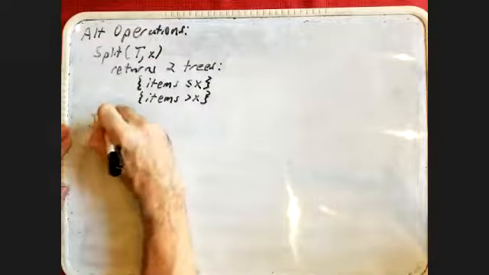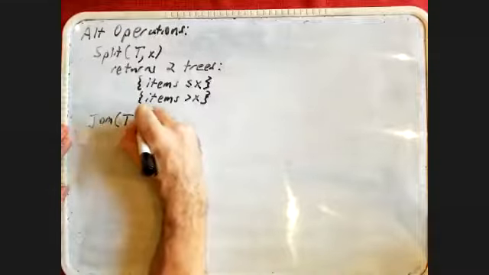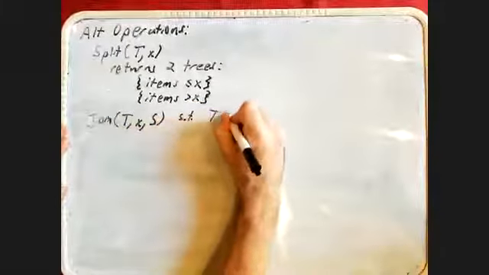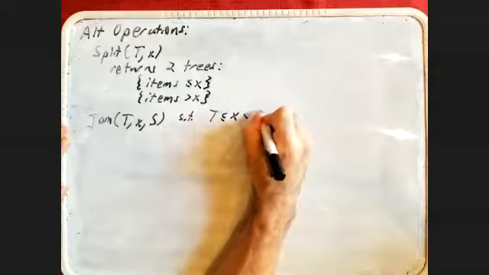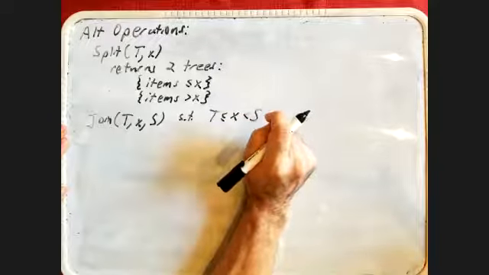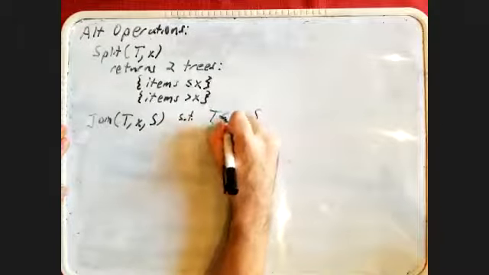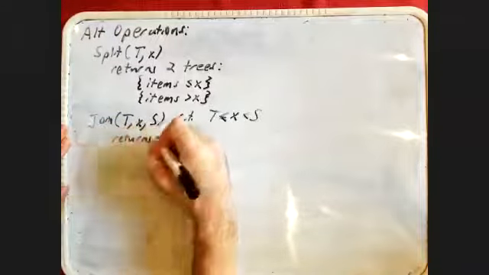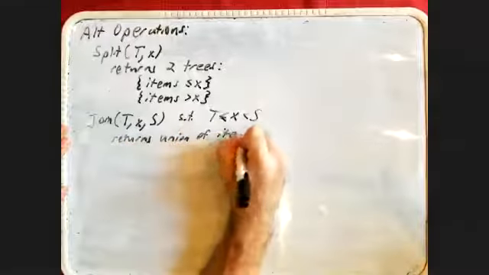There's a converse operation of join, where you take two trees such that all of the items in tree T are less than X, and all the items in tree S are greater than X, and it returns a tree which is the union of the items.